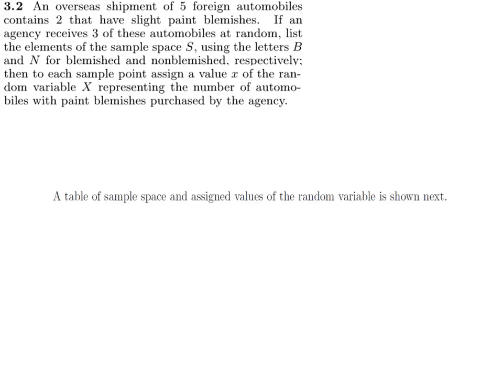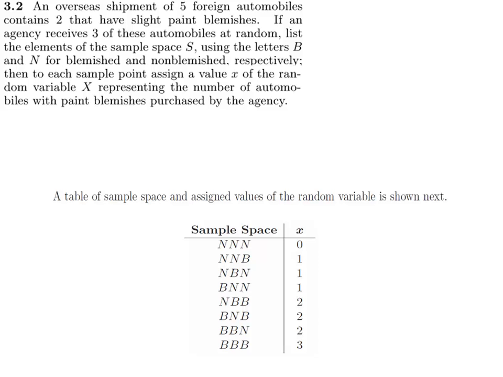So again, you can list the sample space, and based on the random variable, in this case the number of bees, you get the numerical value from each alpha. Any questions about that one? We covered several examples in class about that particular type of problem.